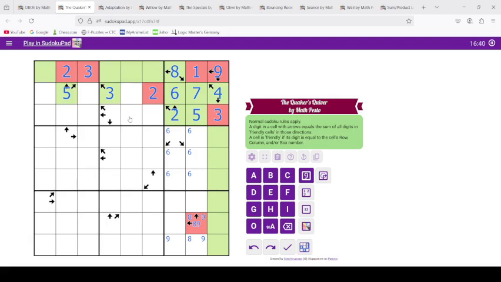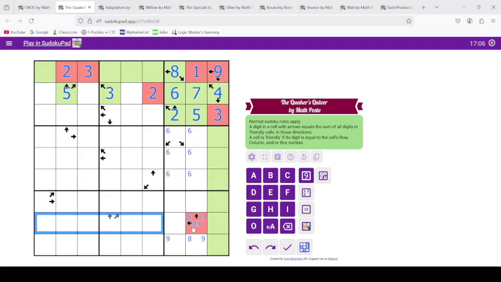What then? Just looking at least a 3. Let's look at least a 2. 2, 2, 2. Eight along this row.